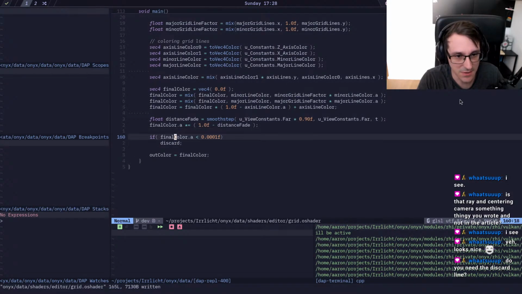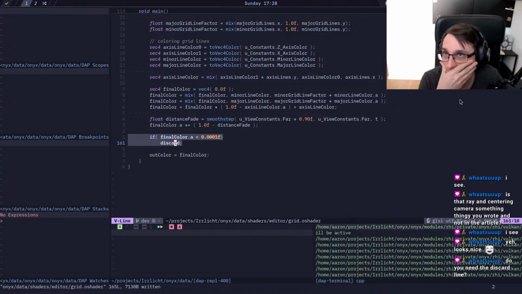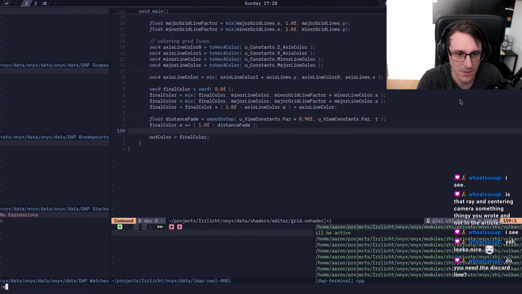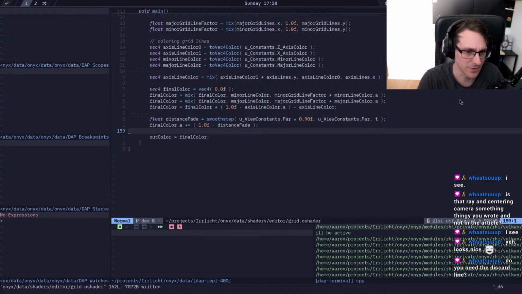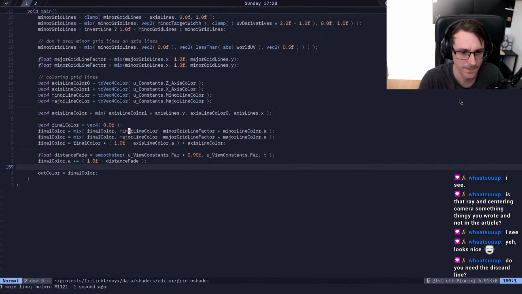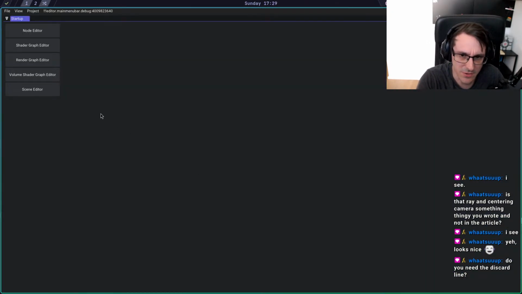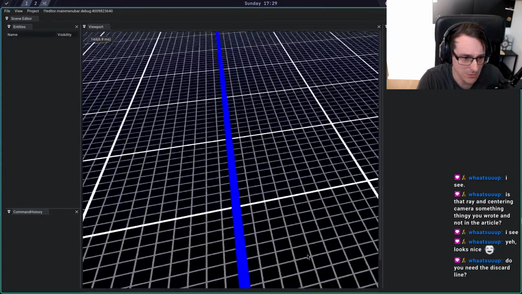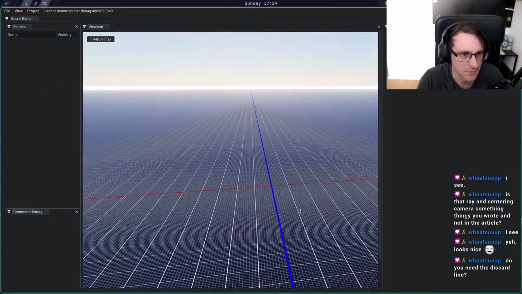Do I need this discard line? I mean, maybe I don't. No, actually I do, right? Let's see what happens if I don't do that. I was wondering if maybe I need it because I want to keep the original map.